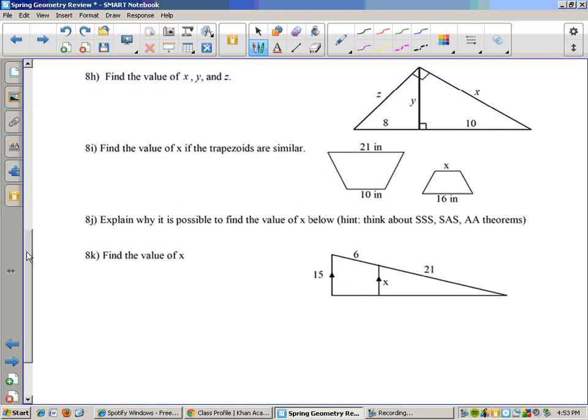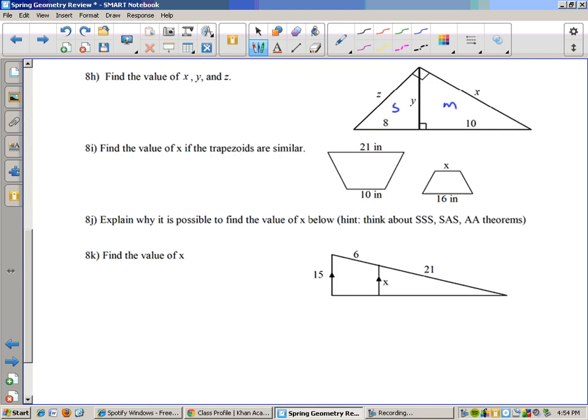And so generally, most teachers have you just do the geometric mean of the two. I prefer to do the similarity ratios, so I'm going to do the similarity ratios on this. Okay, so I've got the small, the medium, and then the large one is the largest triangle.